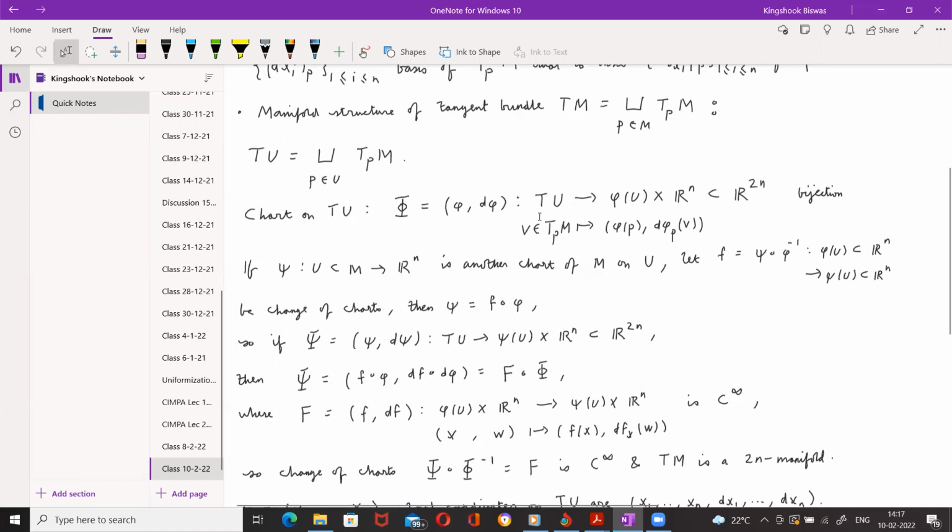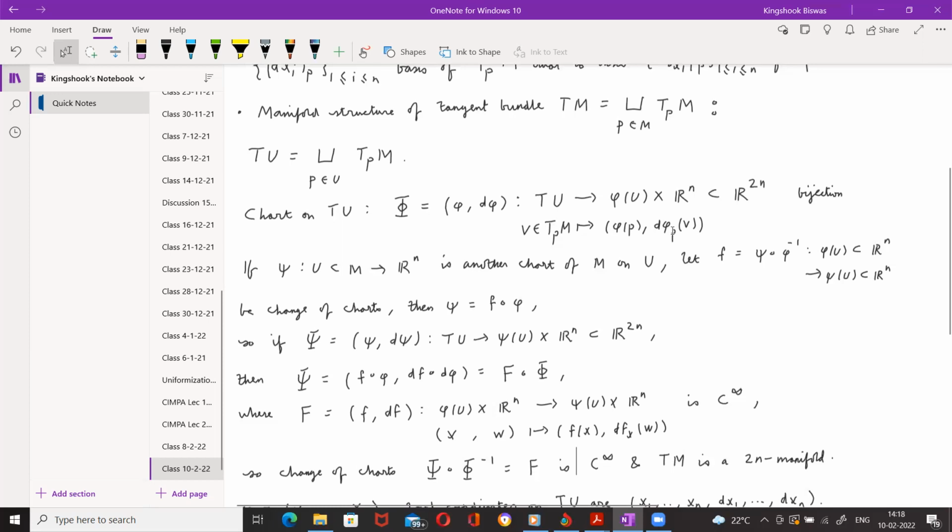Well, elements of TU are tangent vectors V belonging to tangent spaces TPM at points P of U. So any V in TPM, you map it to what? The first coordinate will be phi of P, and the second coordinate will be d phi P acting on V, right? So d phi P, remember, is a linear map from TPM to Rn. So this will be a vector in Rn, the second coordinate.